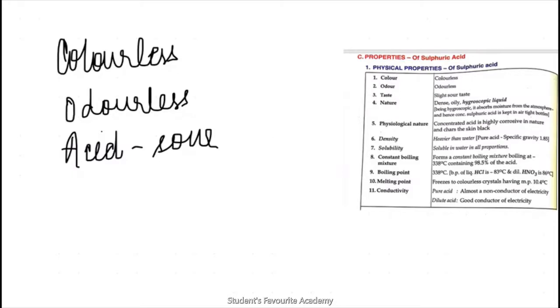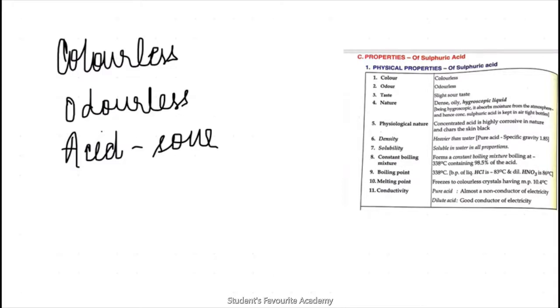Now the nature is: it is dense, oily, hygroscopic. What is dense, children? Dense has to do with density. When we say it is very dense, it means its density is very high and the particles are very close. Oily means it has a texture of oil.